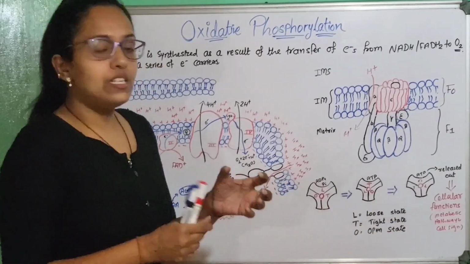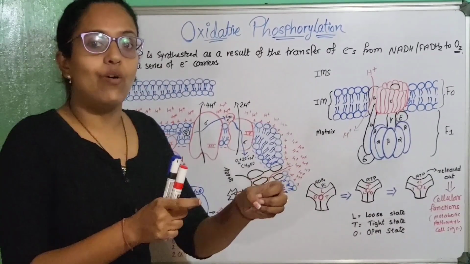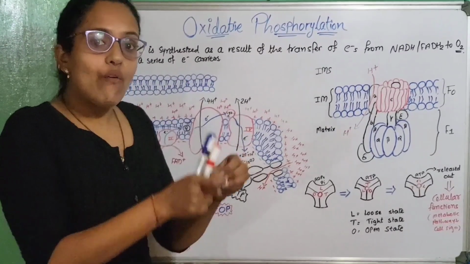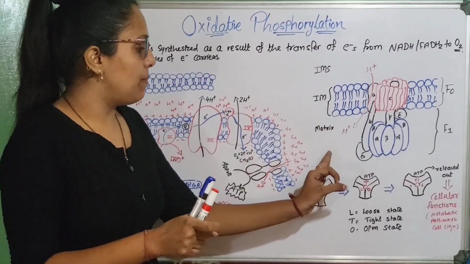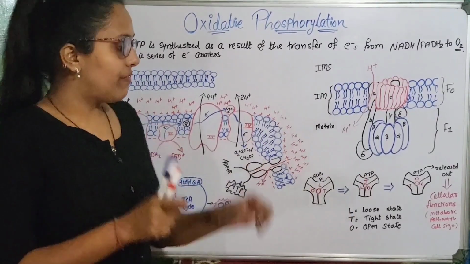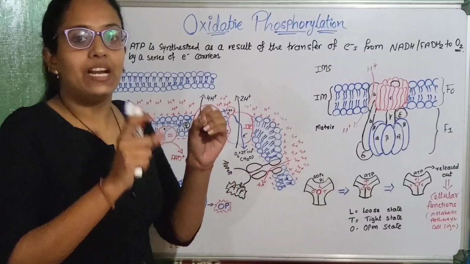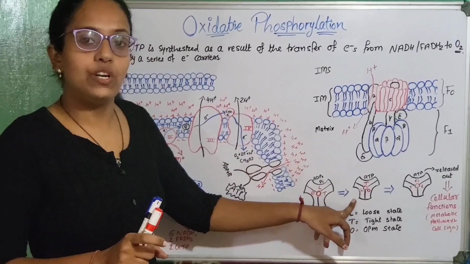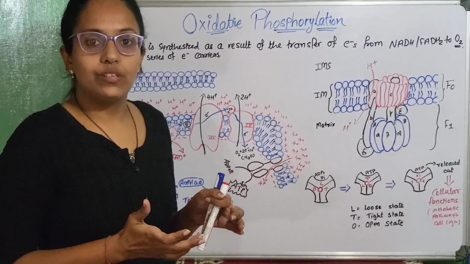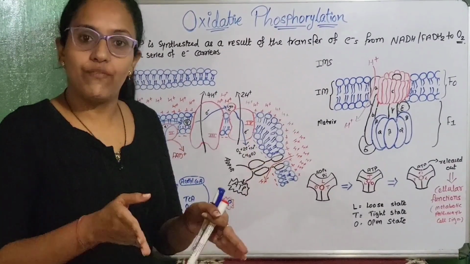Here the beta subunit tightly holds the ADP and phosphate together, and hence a covalent bond is formed between ADP and phosphate, and ATP is synthesized. But whenever ATP is tightly bound to the beta subunit of the F1 particle, ATP is of no use because ATP should be in free form.